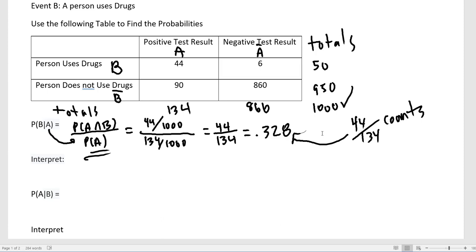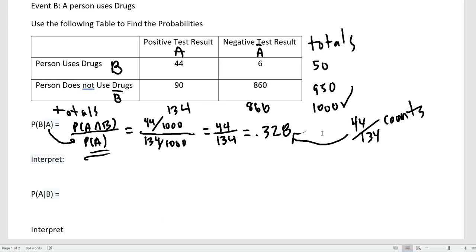That means the other 67% of the people that get a positive test result don't use drugs. Like, well, this test sucks. Well, this is why a lot of times if you take a job that requires a drug test, if it comes back positive, they don't just not hire you. They call you back and say, would you like to take the test again?